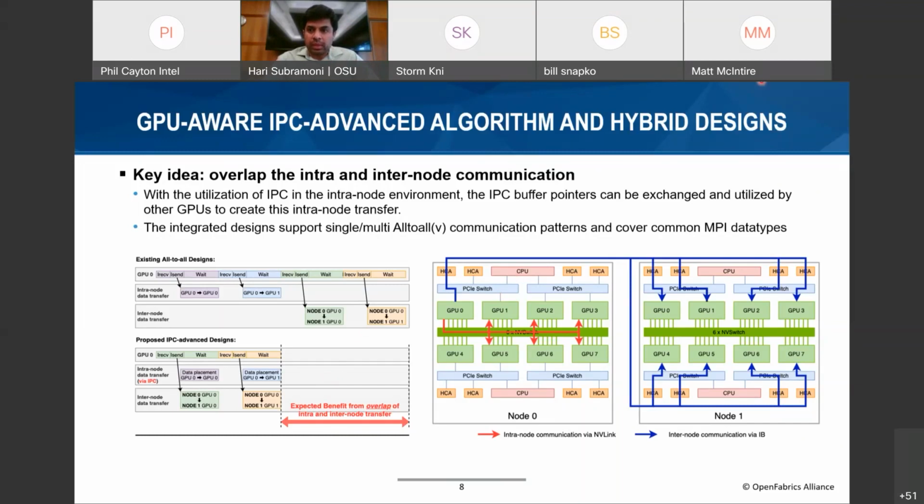All of these are composable, so to speak. One design can build on top of the other, and all of these have been integrated into the MVAPICH2-GDR MPI library. Now, in the IPC design, the key idea is to overlap the intranode and internode communication operations, basically because we have multiple DMA engines driving each copy.